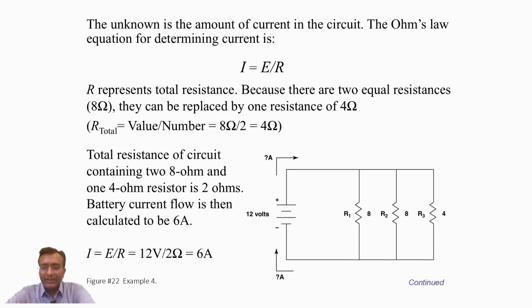That comes around to be 1 upon 8 plus 1 upon 8 plus 1 upon 4, so it is around 2 ohms. Okay, so this 2 ohm resistance, that is the equivalent resistance, we know, and dividing the supply voltage by it will give us the 6 amperes of current which is flowing through the positive terminal of the battery.